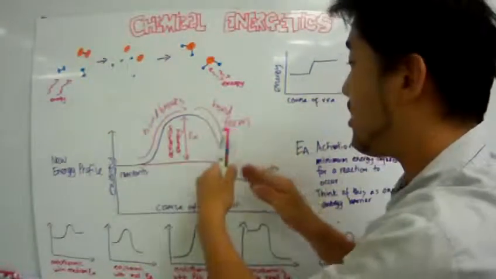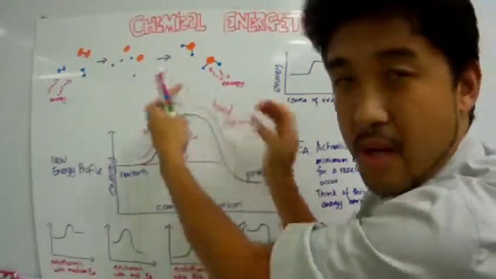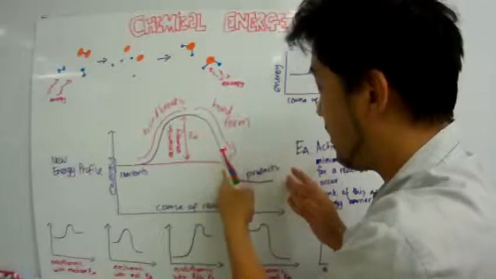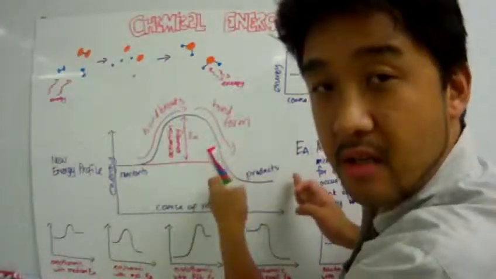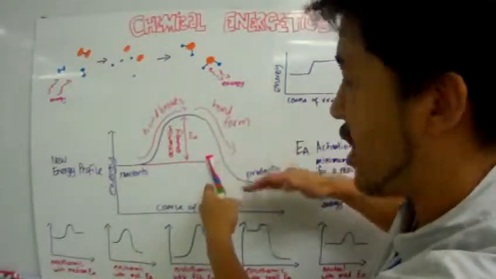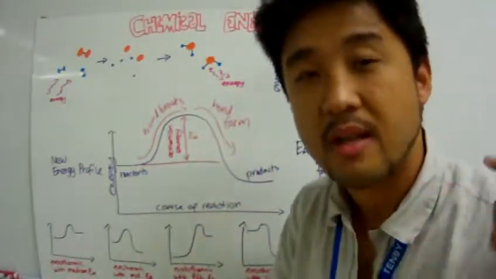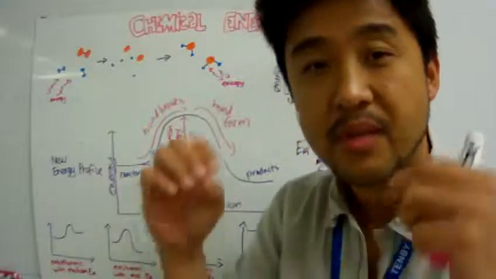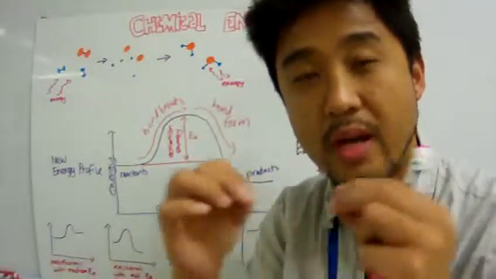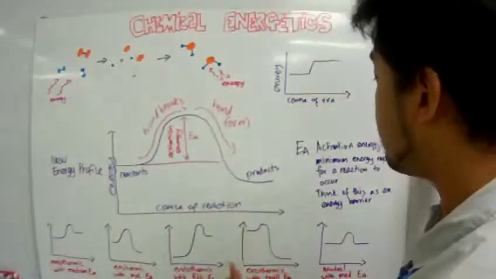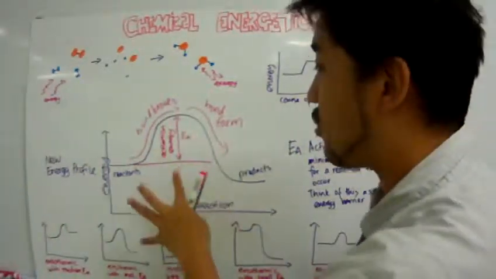So when bonds are formed, energy is released. So it makes products. Now, depending on where the final product is, whether it's down here or up here, that will determine whether that reaction is an exothermic or an endothermic reaction as a whole, okay? So that's what it is.